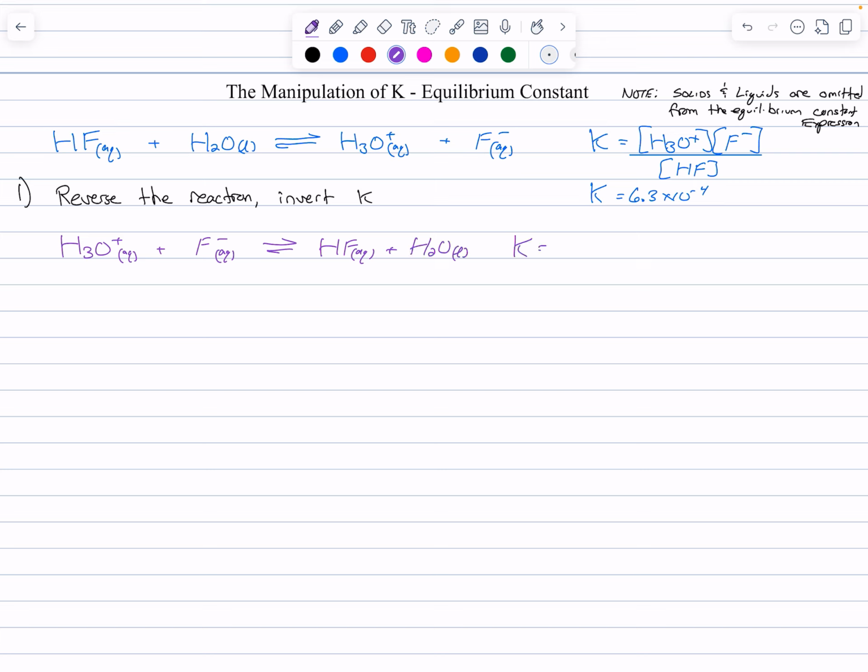Our equilibrium constant would be the concentration of hydrofluoric acid all over hydronium and fluoride, which is the inverse of this one, right? It's just flipped.